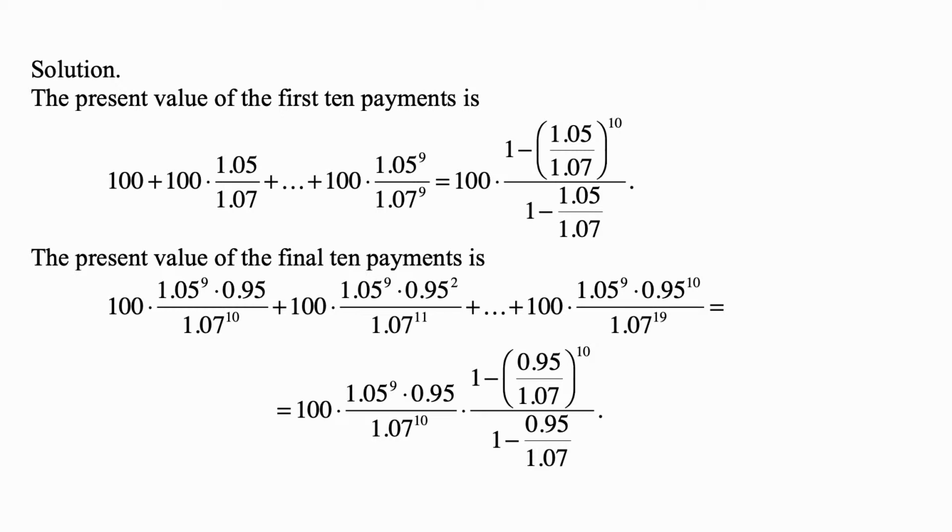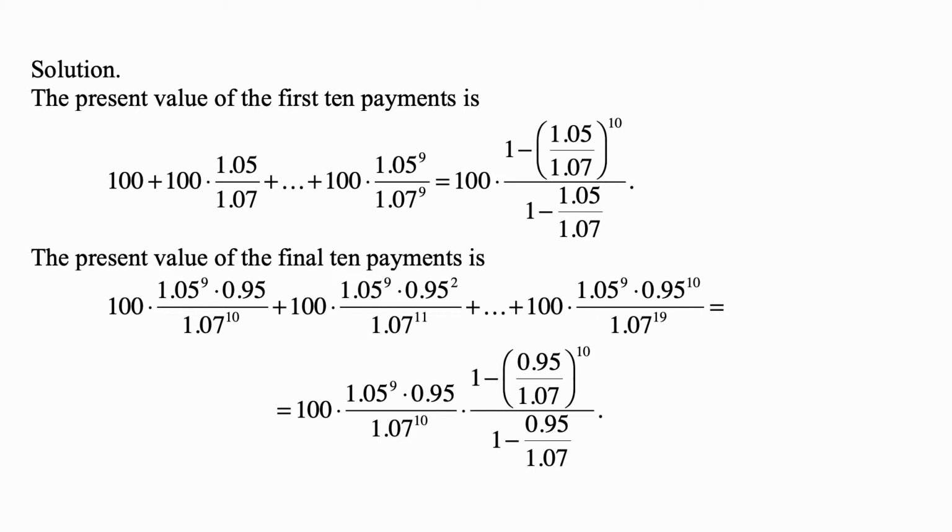So this is equal to 100 times 1 minus 1.05 over 1.07 to the 10th, and the whole thing is divided by 1 minus 1.05 over 1.07. That 1.05 over 1.07 again is the ratio of this geometric series that we would be discussing in general, but we're only taking a partial sum of it.